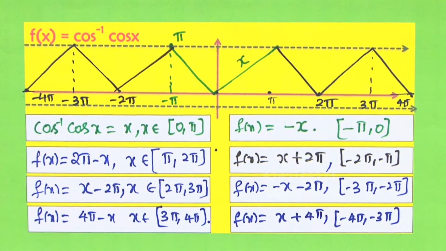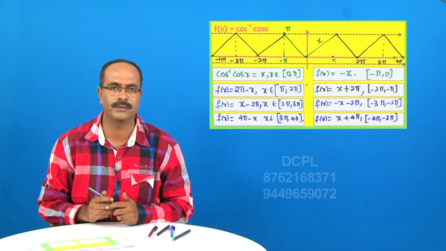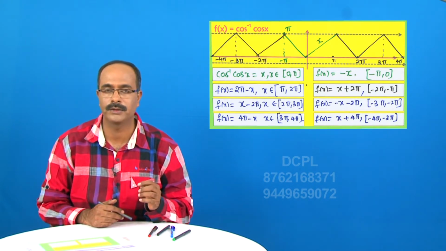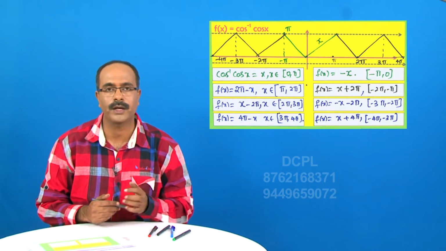So this is the graph of cos inverse of cos x, right? Try to memorize this, try to understand this. The graph of cos inverse of cos x looks like this.